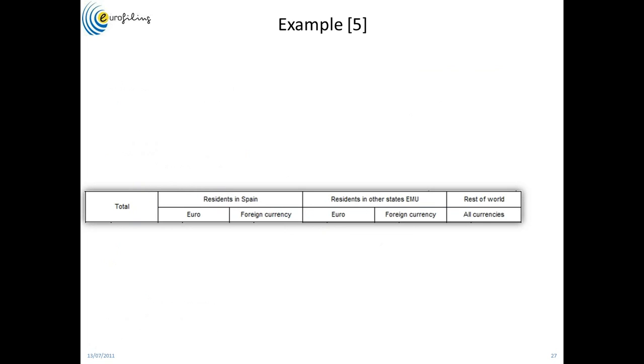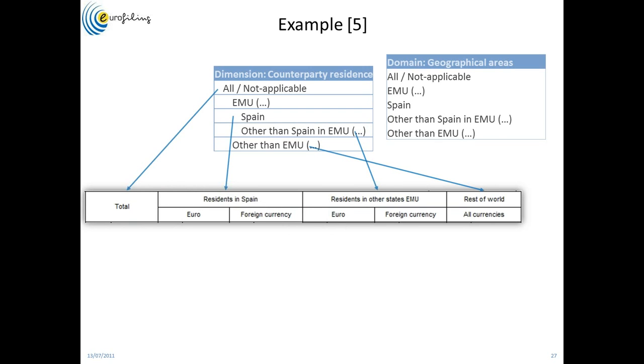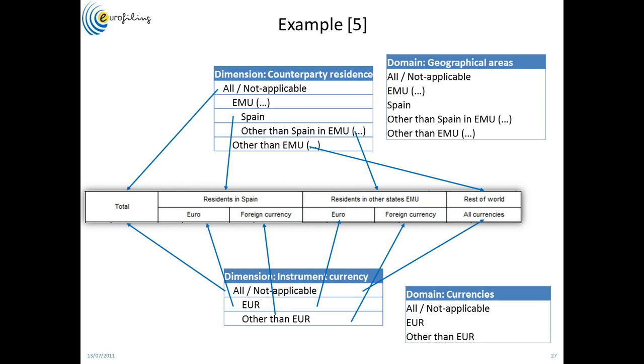And then we analyze the headers of columns, and there are two breakdowns. One breakdown is the counterparty residence, where we have different geographical areas, and the other breakdown is the original currency of the instrument, which we have euro and other than euro. And the combination of these two informs us what is in the headers of columns.